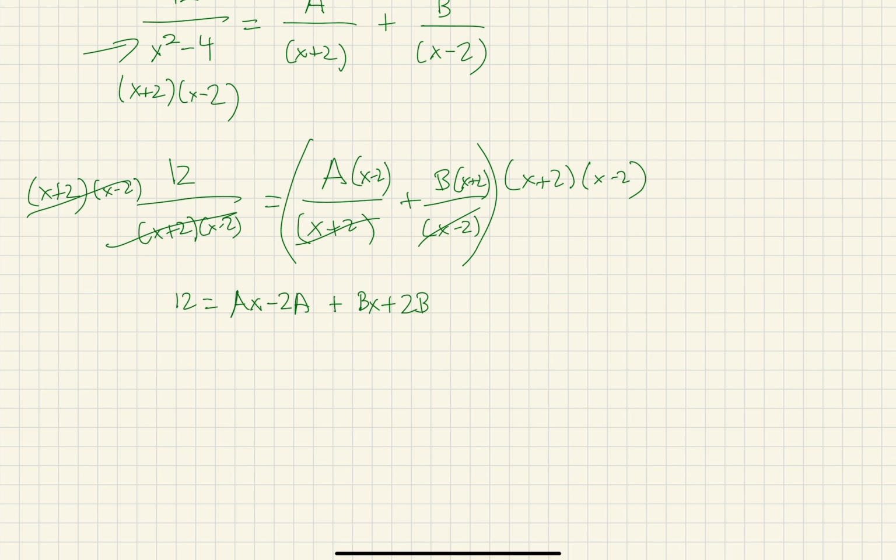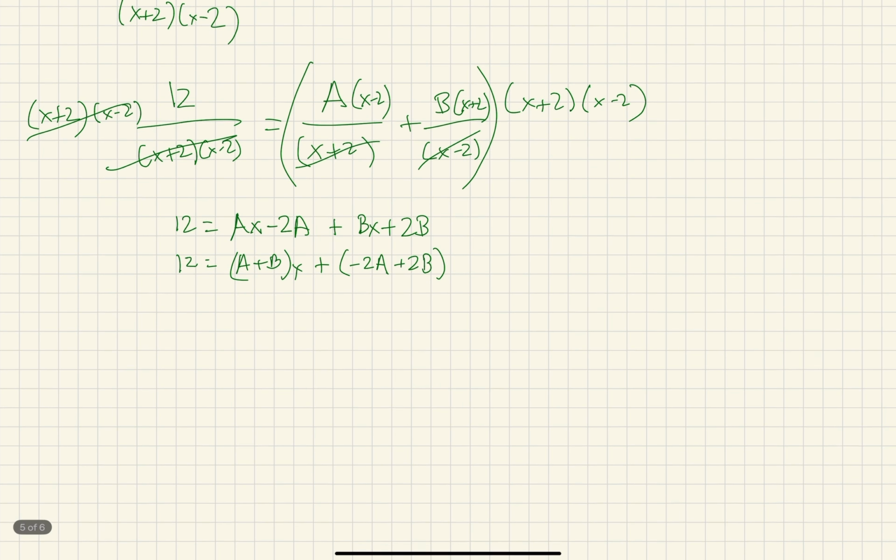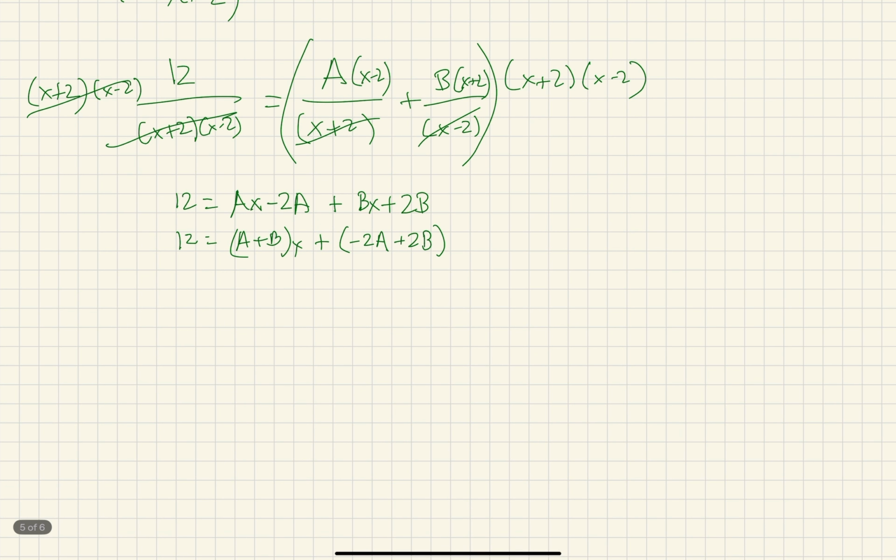But I want to make it easier to see by combining like terms. So 12 equals (A plus B) times x plus (negative 2A plus 2B).